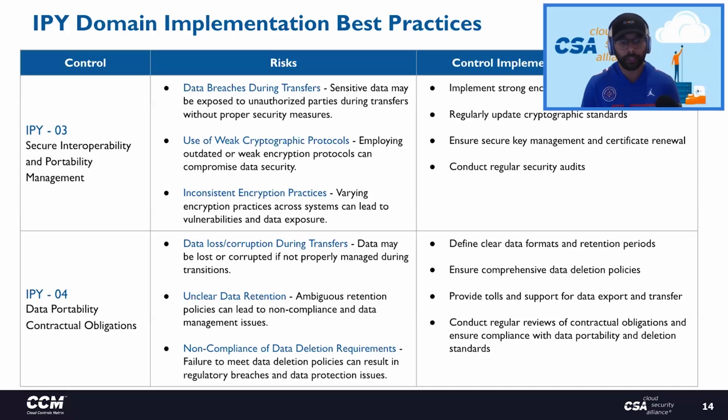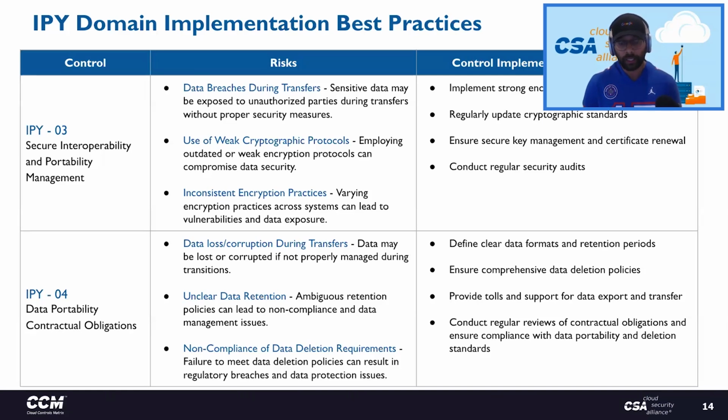The fourth control is around data portability contractual obligation, and this is related to the audit and assurance world, but it is very specific to data transfer. The key risk we can think about here is data loss and corruption during the transfer. If something like that happens, who is responsible for it?